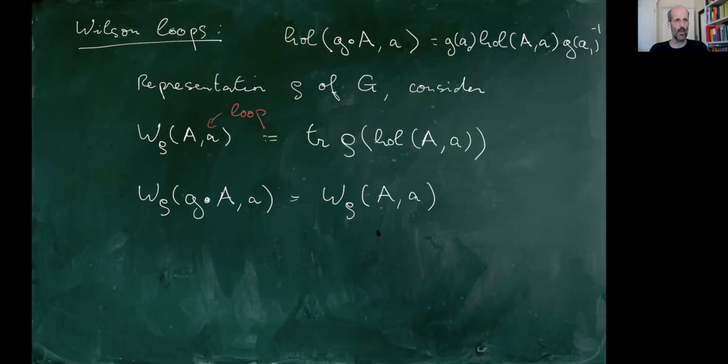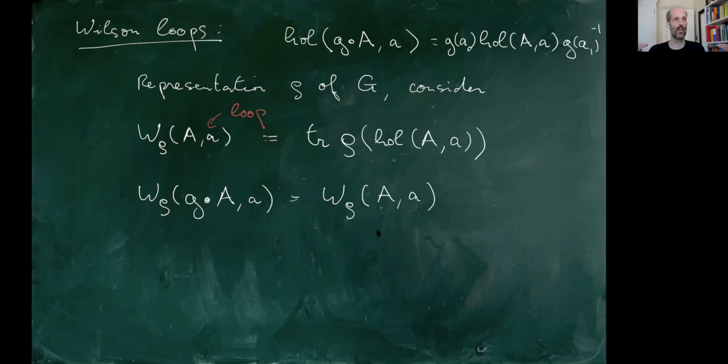Okay, it turns out that these observables are, in some sense, pretty much exhaustive. So in the following sense: since we have this action of the gauge group on this space of connections, and we want all of our physics to be invariant under this action of the gauge group, a natural thing to introduce is a space of gauge orbits, right?